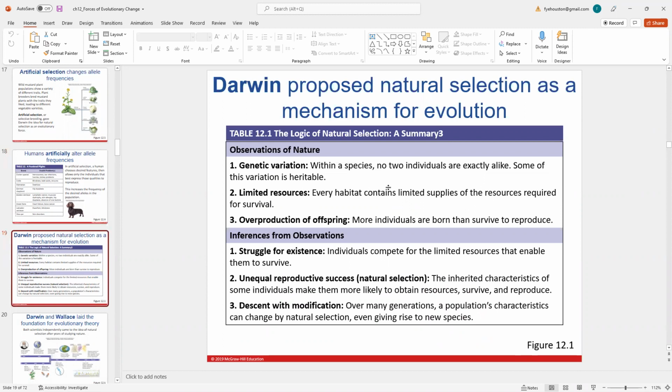So the logic of natural selection: within the species, no two individuals are exactly alike. On top of that, at least some of this variation is heritable. Like your scars are not heritable, but your genes are.